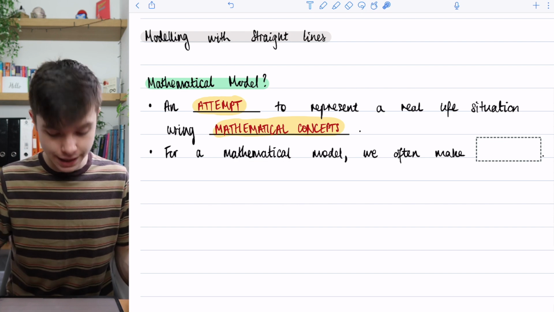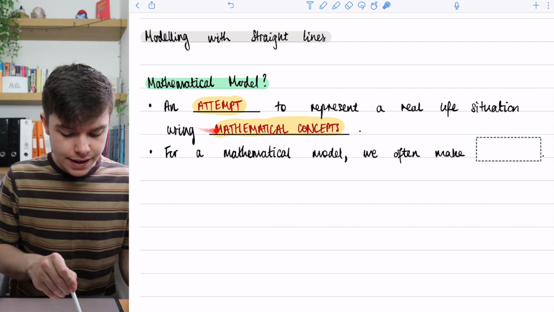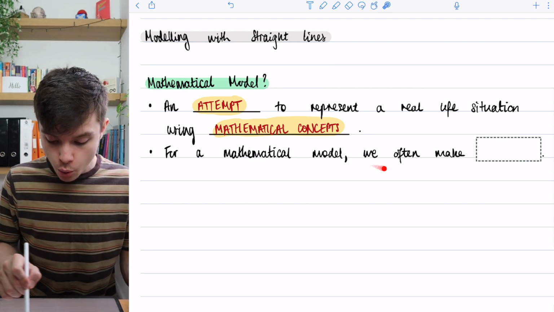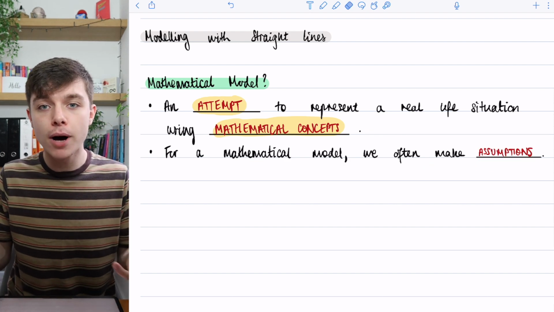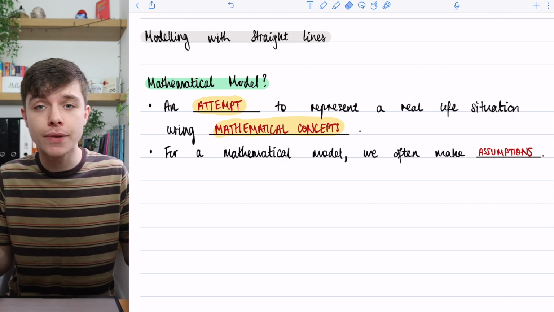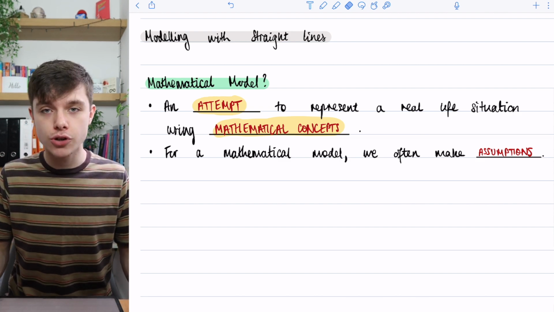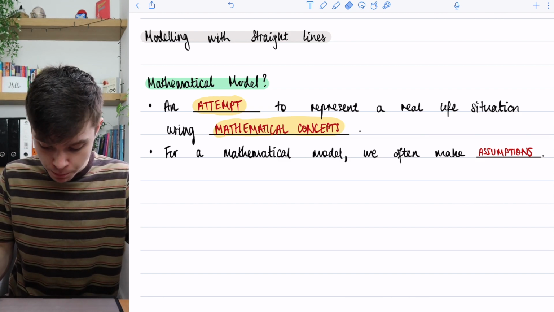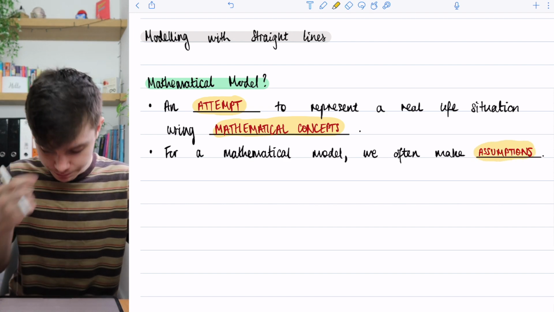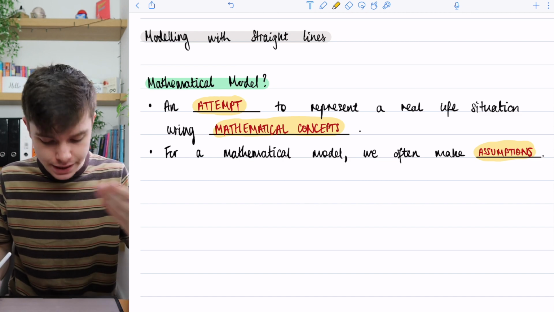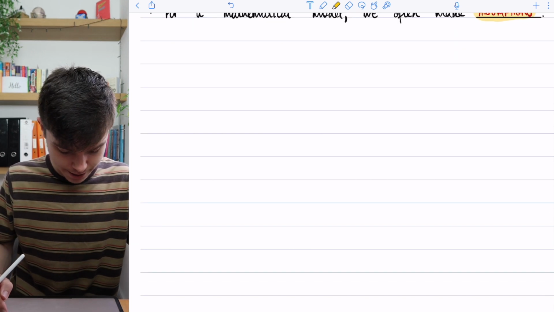It's an attempt because we often have to make assumptions. We can't get the model completely accurate. We can only attempt to model the real life situation, so we have to make assumptions along the way, and we make more assumptions in mechanics. We're just having a look at straight lines here.